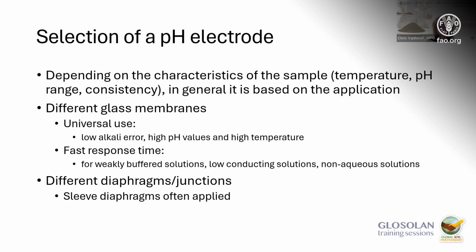To define which electrode is the best for your application, it's best to contact the supplier of the pH electrode. They all have a list of the pH electrodes they have available and for which application, because there is so much differentiation and each supplier has its own pH electrodes. They cover more or less the same things, but the configuration can be slightly different.